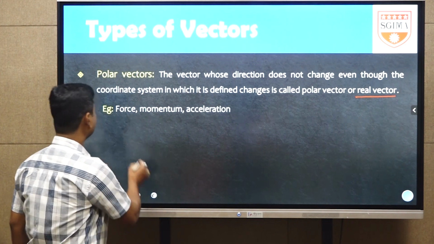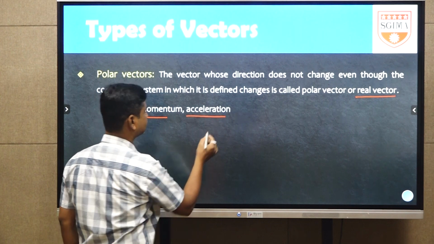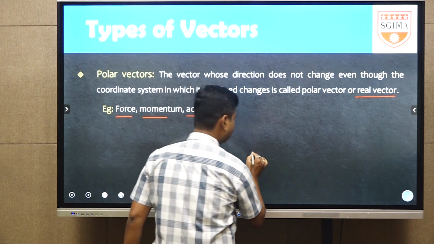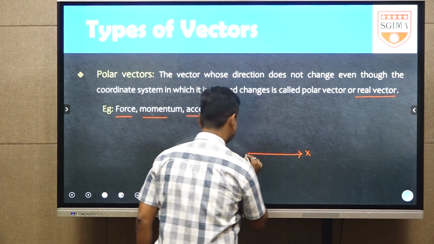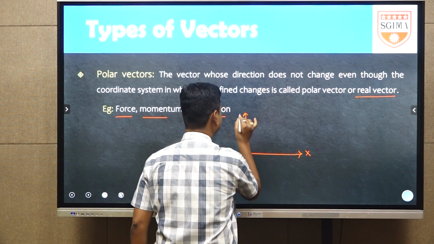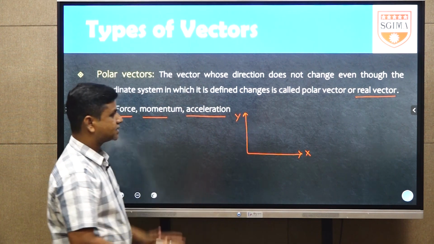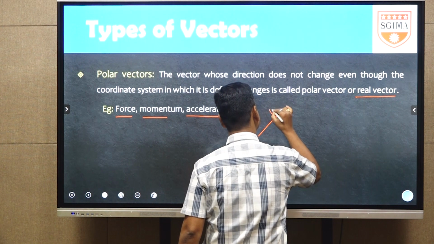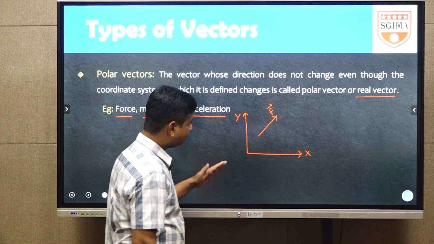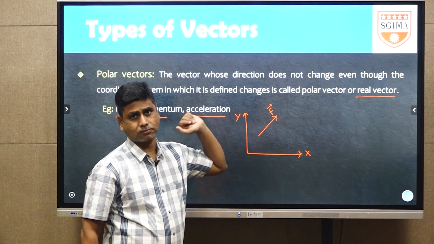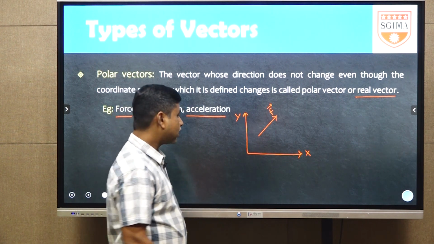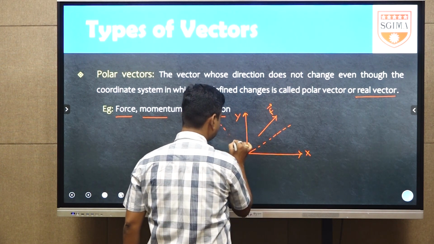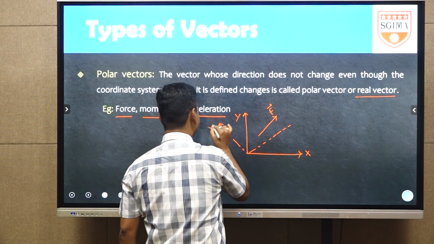For example, force, momentum and acceleration are called polar vectors. Consider just the xy plane, with the x-axis and the y-axis. In the xy plane, one force vector is taken, the force vector F bar, applied in some direction. Now suppose this xy plane is rotated, giving a new x-axis and a new y-axis.